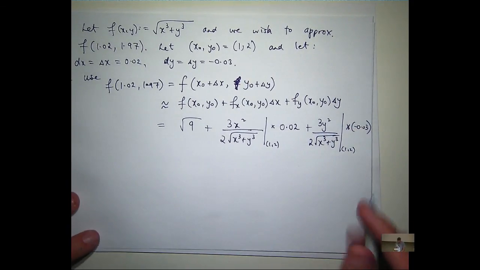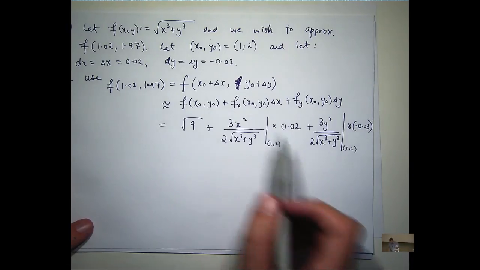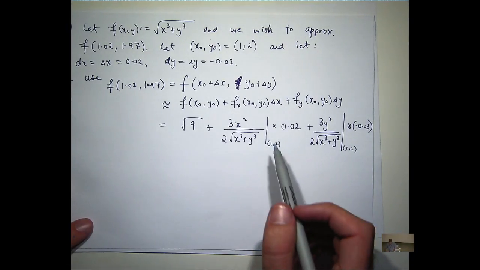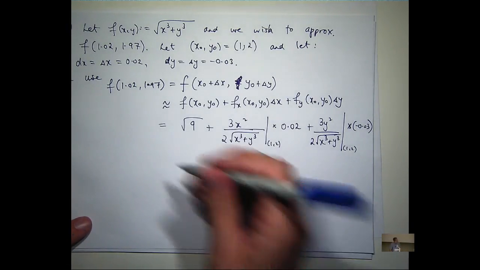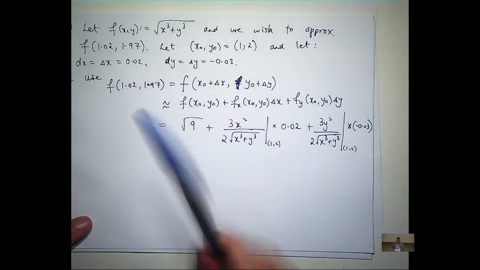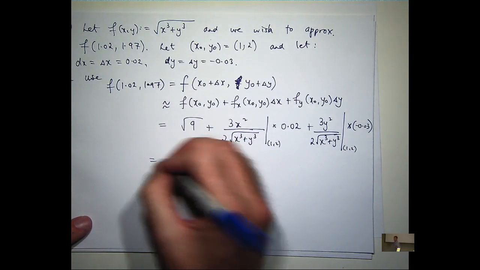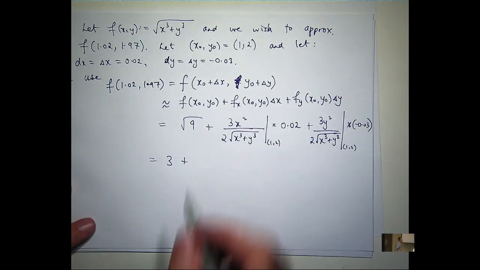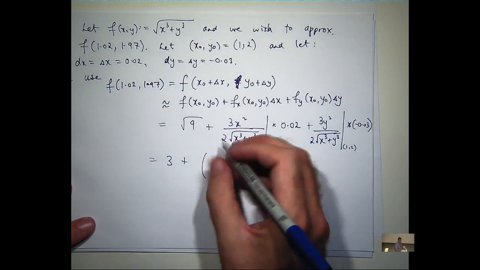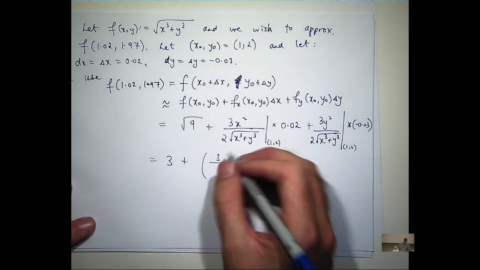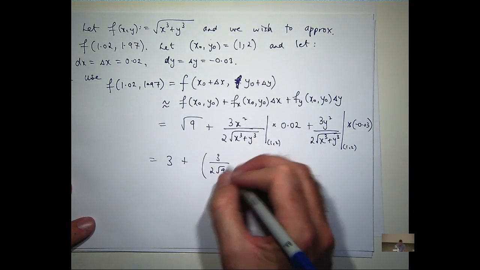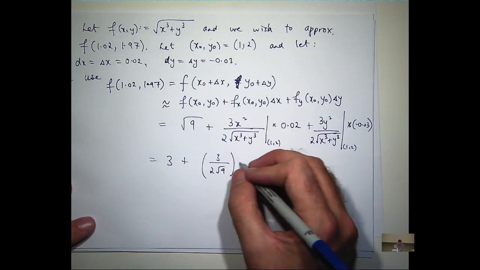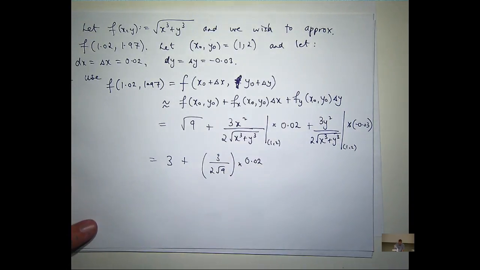Okay. So now all we really have to do is substitute these things in, and we'll get some sort of value, some sort of approximation. So this is going to be 3. If I sub in x equals 1, y equals 2, according to my calcs, I'll get something like this. And I'm multiplying it all by 0.02.